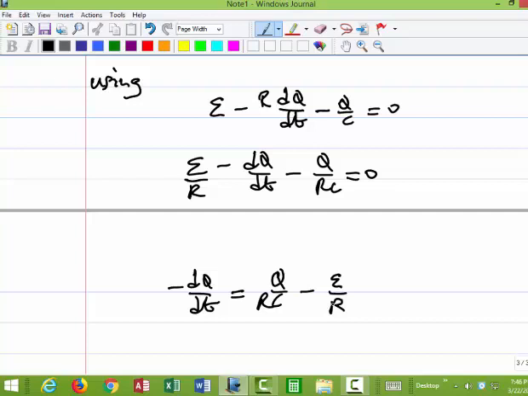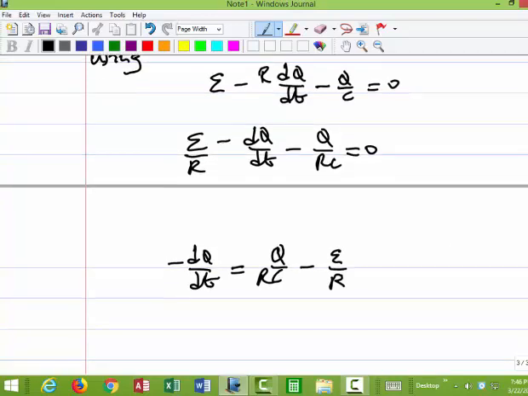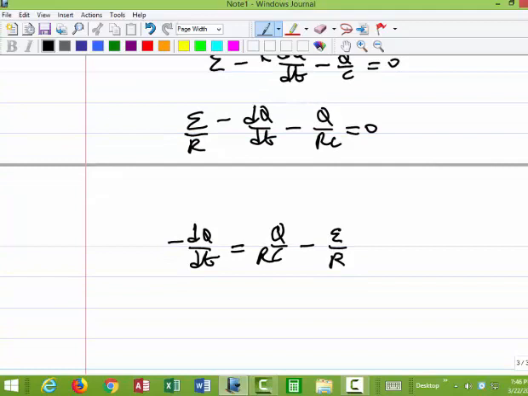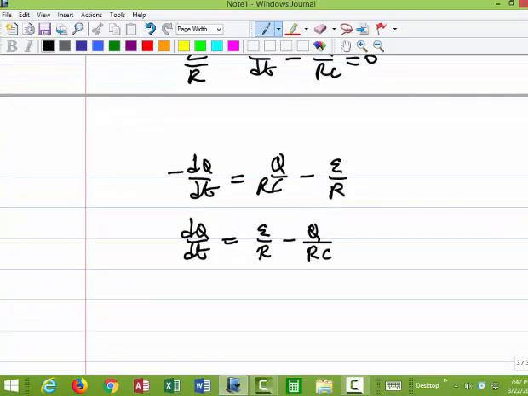And if you want, you can take the negative sign to the other side, and that will give us dQ/dt equals E over R minus Q over RC. So we want to now take the factors involved. Let's multiply E over R by C on top and at the bottom.